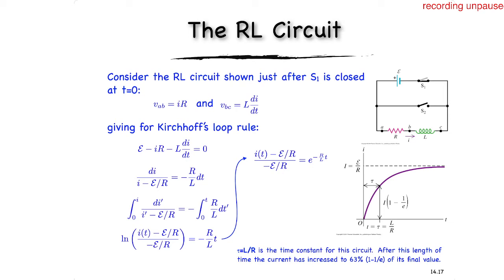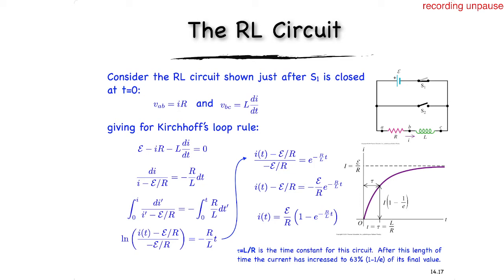And then on the right, we have e to the minus R over L t. At this point, it's just simple algebra. I can multiply both sides by minus E over R, and then add that E over R to both sides and factor out the common term on the right, and get an expression for the current as a function of time.